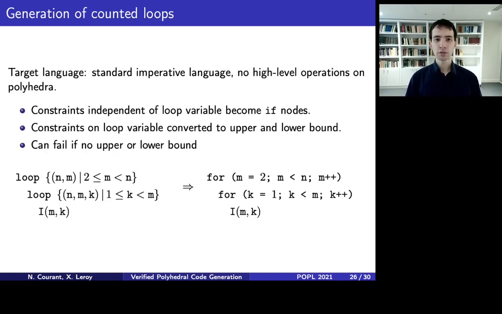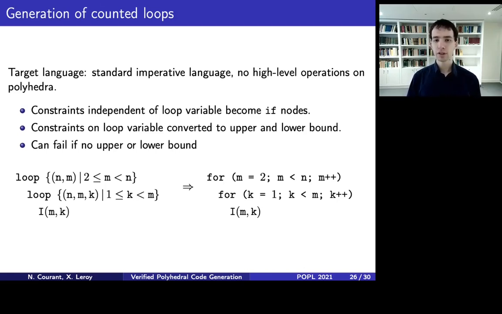Once this is done, we can generate counted loops, where the target language is a standard imperative language with no high-level operations on polyhedra. To generate code for a given loop, we look at each constraint in the loop polyhedron. The constraints independent of the loop variable become an if node outside the loop.